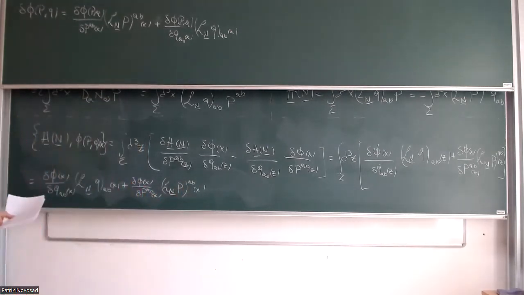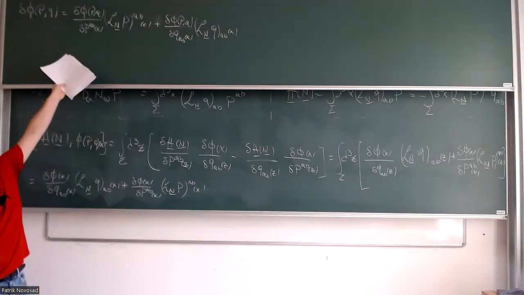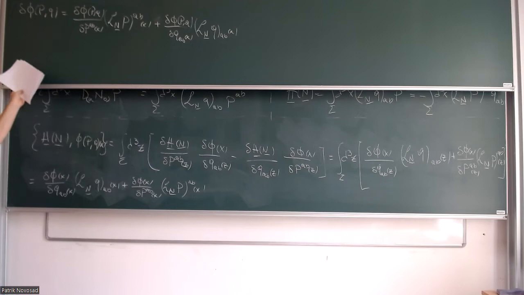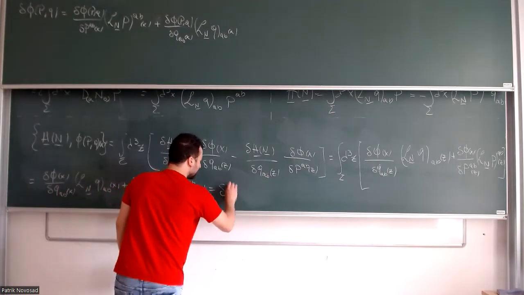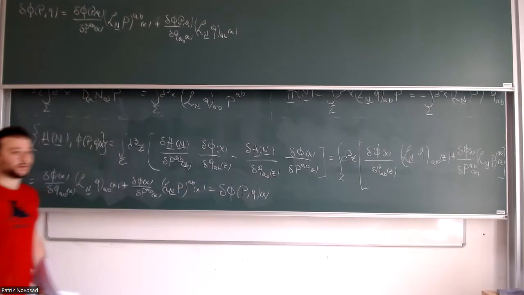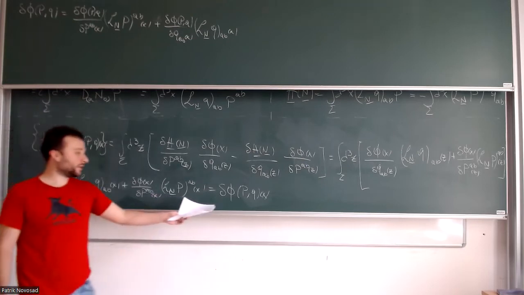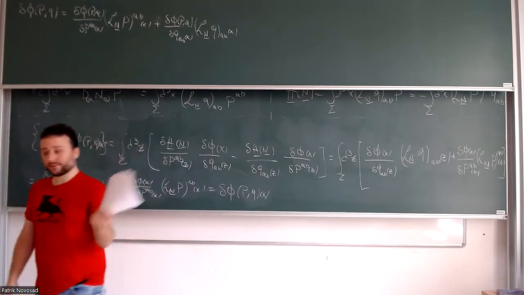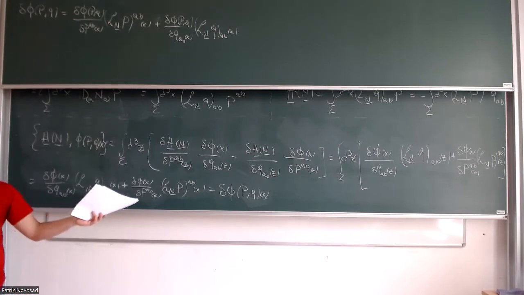All right, and so we see that this is exactly this variation of phi. So in this sense, the Poisson bracket corresponds to the variation of a phase-space function.